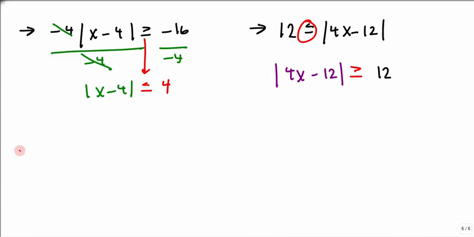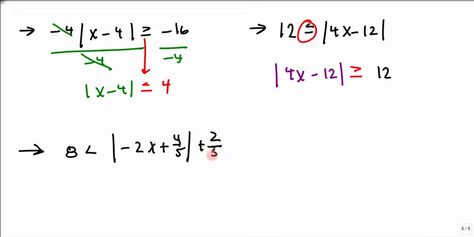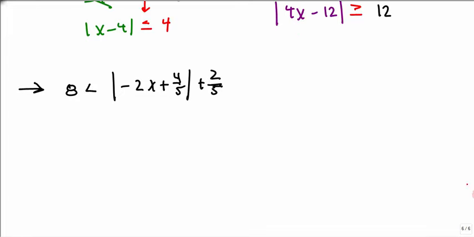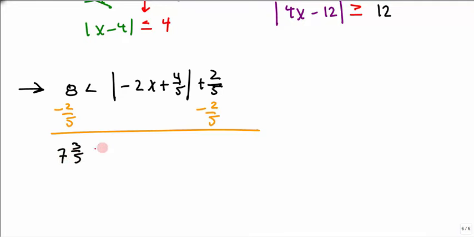This next case is kind of combining a few tricky things. So we might have 8 less than absolute value of -2x plus 4/5. And then on the outside I have a plus 2/5. So to get started on this one, we'd want to subtract 2/5 from both sides. So 8 minus 2/5 would be 7 3/5, less than the absolute value of -2x plus 4/5.